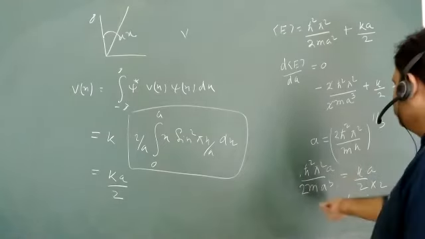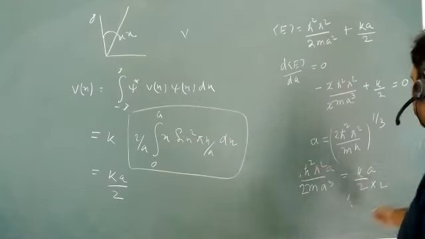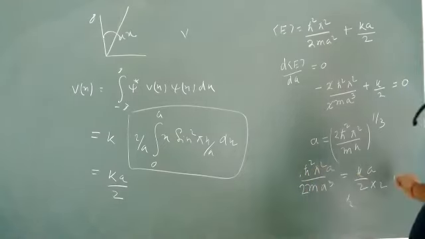So this is your kinetic energy, isn't it? So this value is Ka by 4. So I have my total energy E is equal to Ka by 4 plus Ka by 2. What is this value? 3 by 4, isn't it? 3Ka by 4.